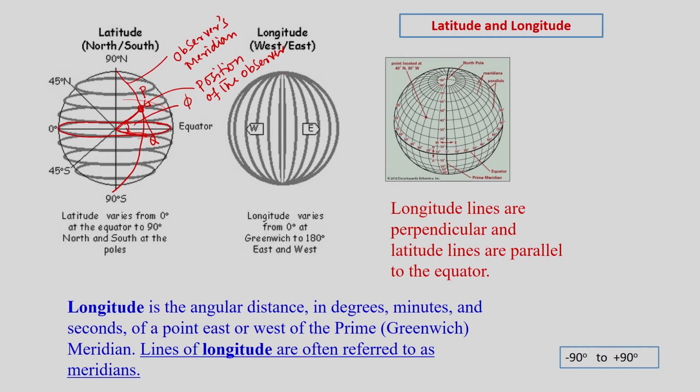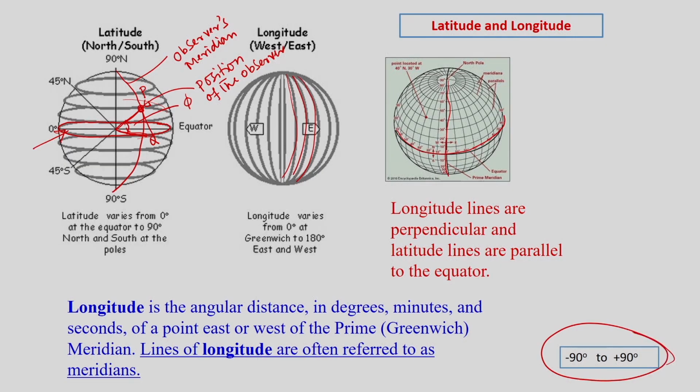You can also see these lines are longitudinal lines. This is the prime meridian, where longitude is 0, and this is the equatorial plane. Phi varies from minus 90 to plus 90.